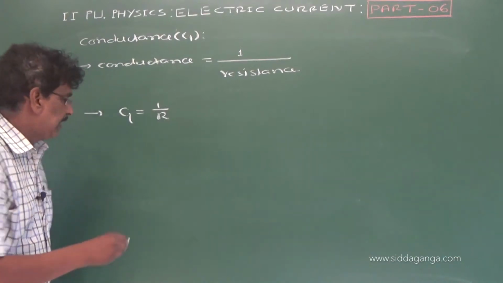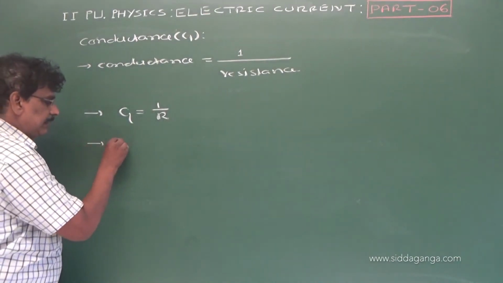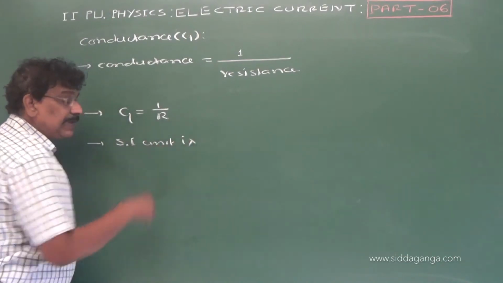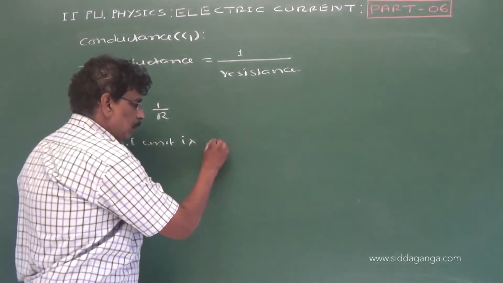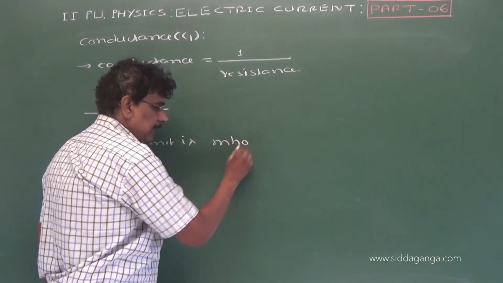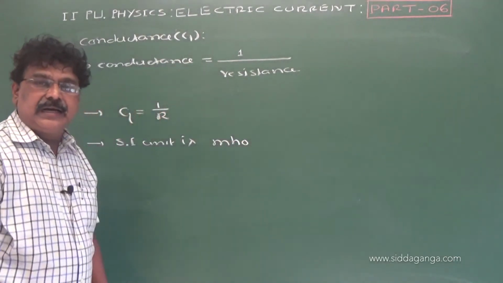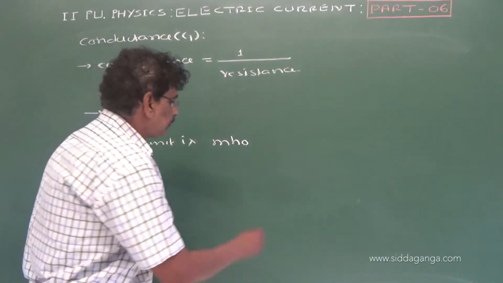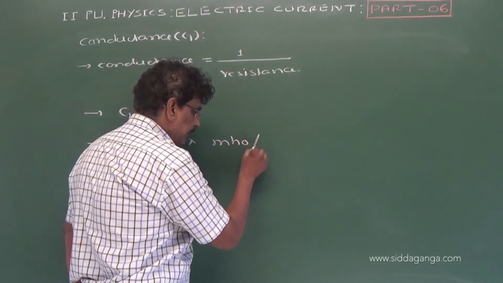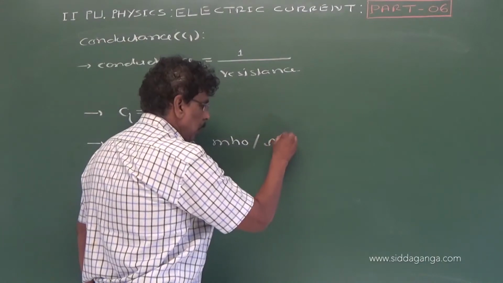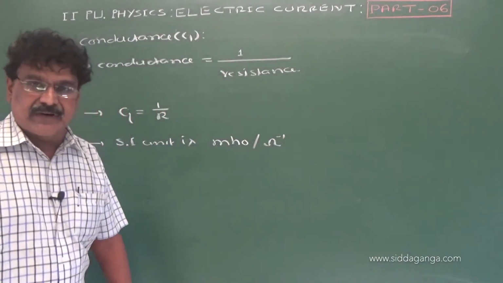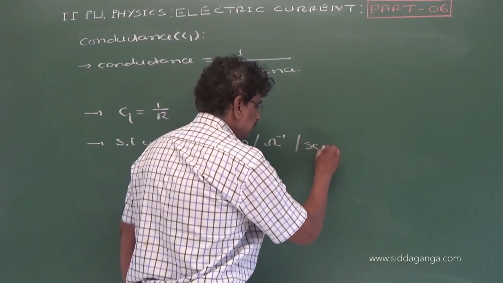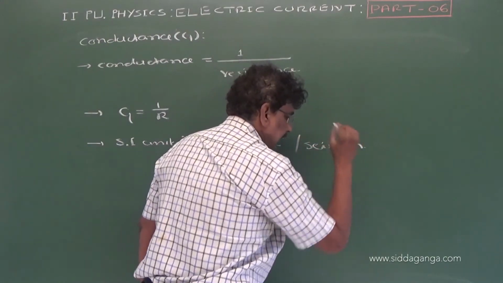Now its SI unit is mho, the reverse spelling of ohm because it is reciprocal, or it is represented by ohm inverse, or it is called Siemens.